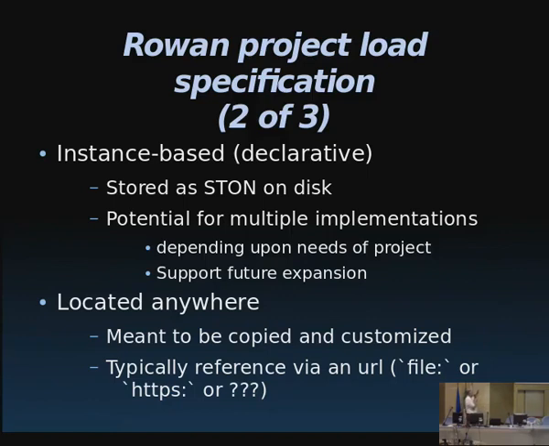And so what you're storing for a project specification is an instance of a project specification. That gives us a lot of flexibility where we can have multiple implementations, multiple class representations for a project spec, and even support future expansion. A project spec is meant to be located anywhere.